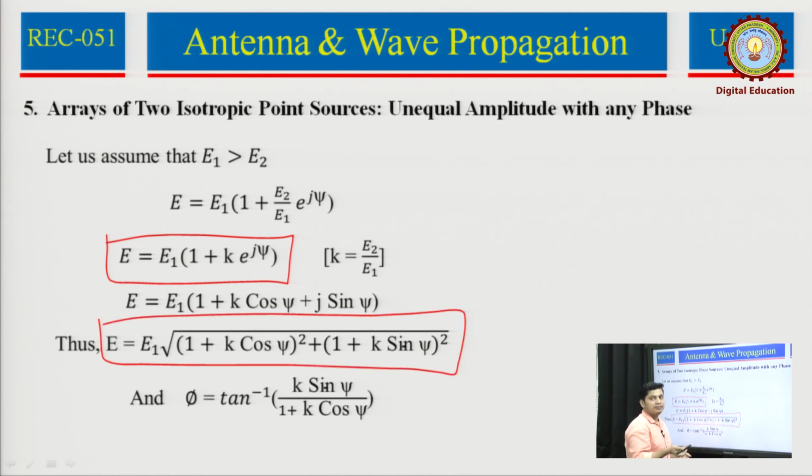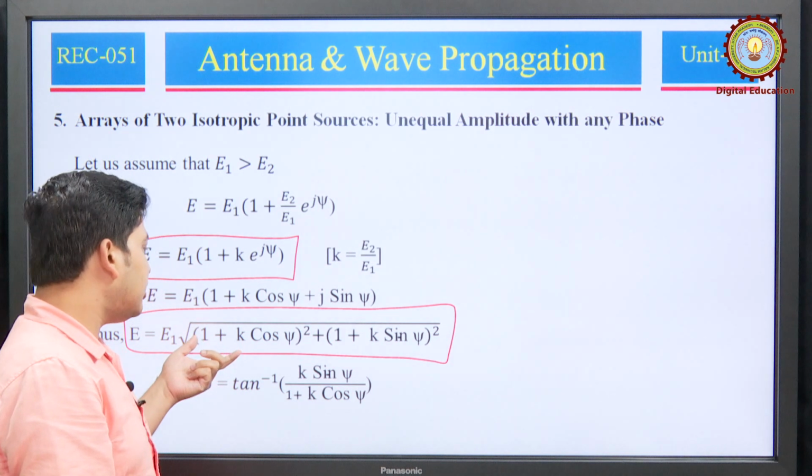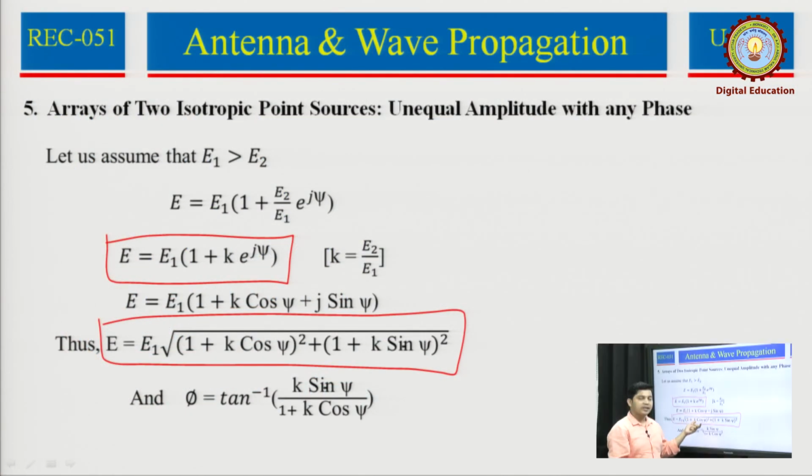Simply, we know that e^(j psi) is nothing but cos psi plus j sin psi. So, applying the same formula, we break this into the net resultant field, which is E1 into the square root of (1 plus k cos psi) squared plus (k sin psi) squared.